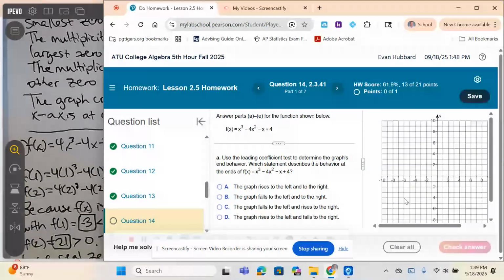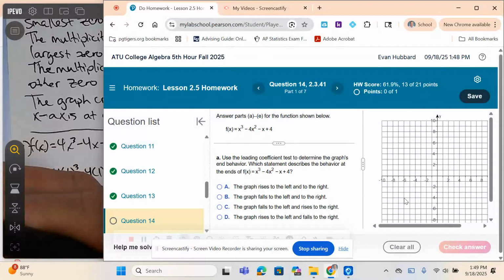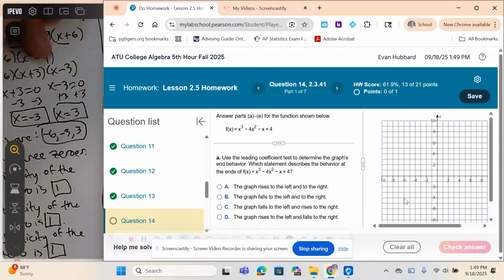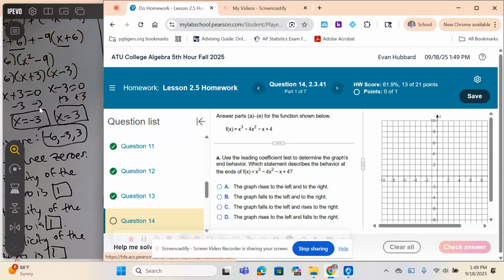Answer parts A through E using the graph below. So let's look at 14. We've got f of x equals x cubed minus 4x squared minus x plus 4. So we're going to analyze this.